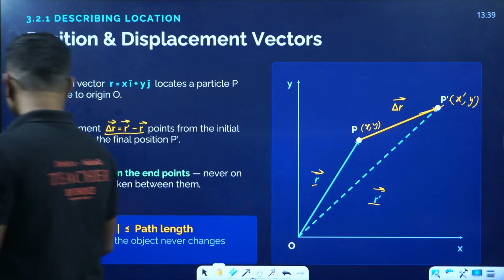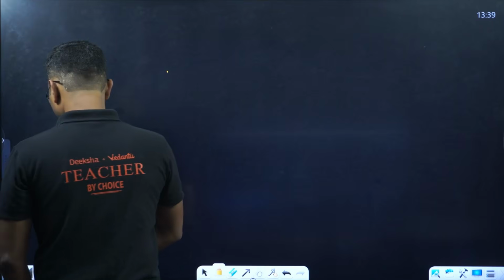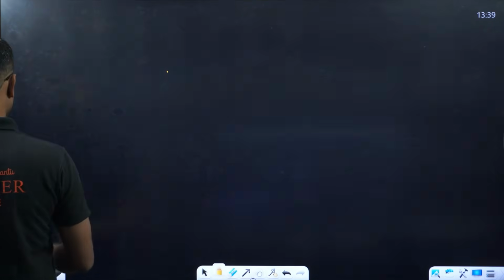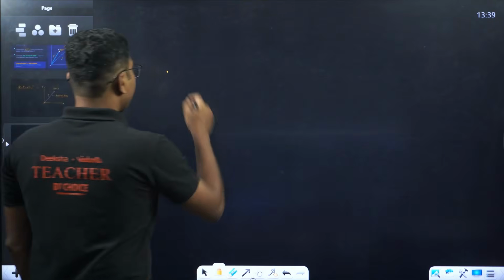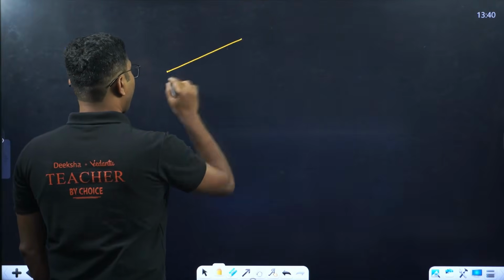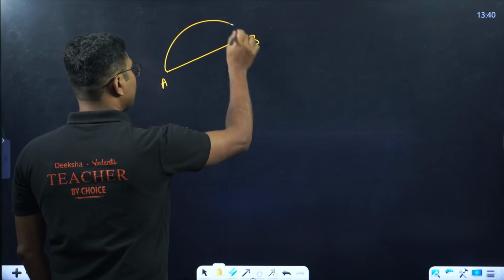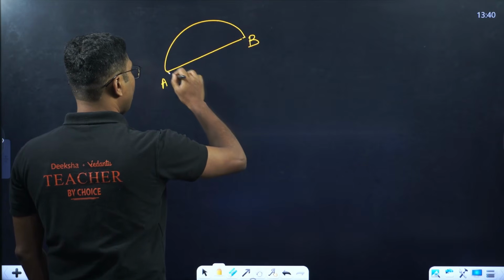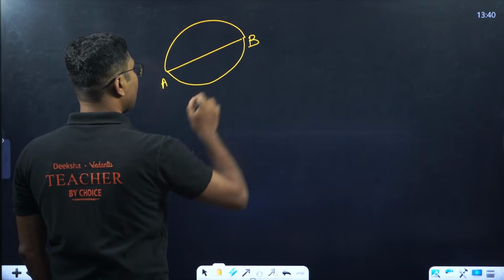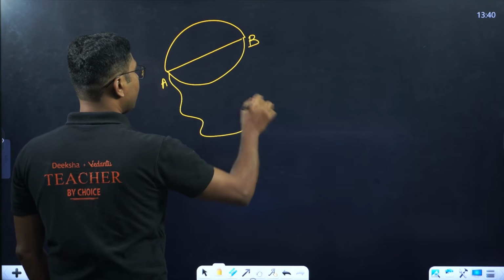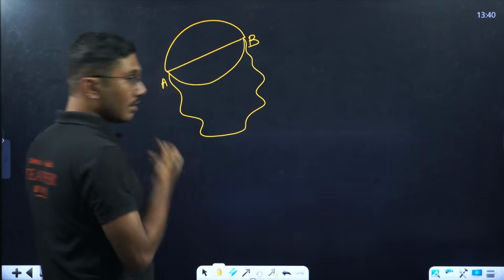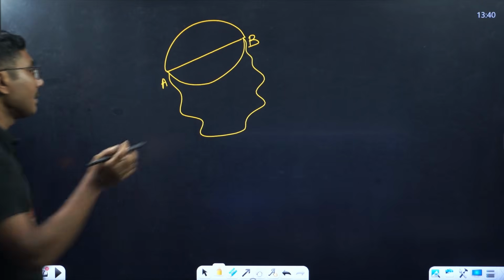So suppose you are traveling from A to B, you can go by this path, you can go by this path, you can take any other random path to reach, right? All these are path lengths.